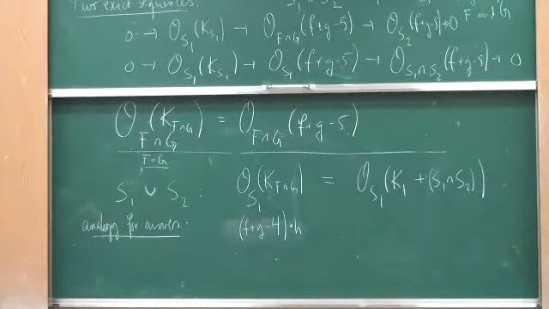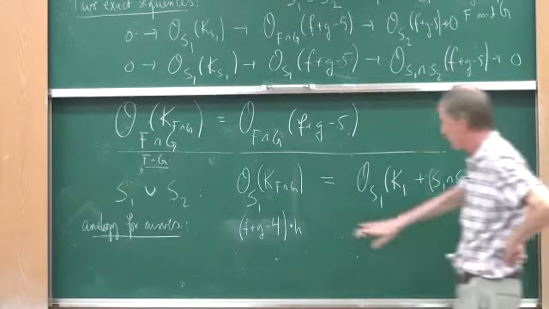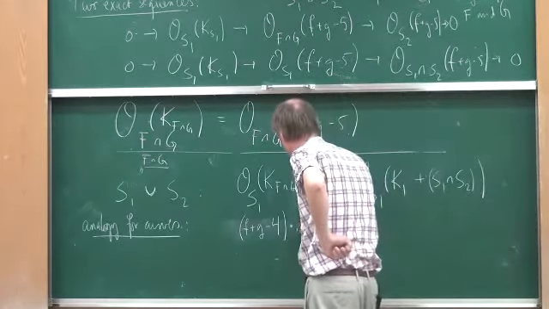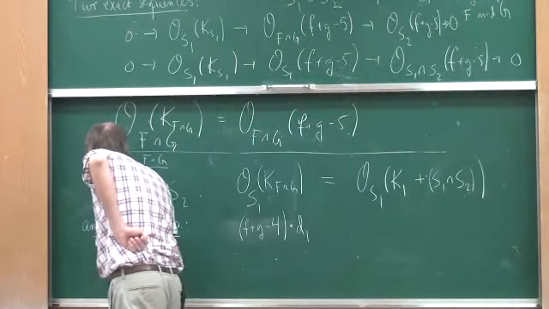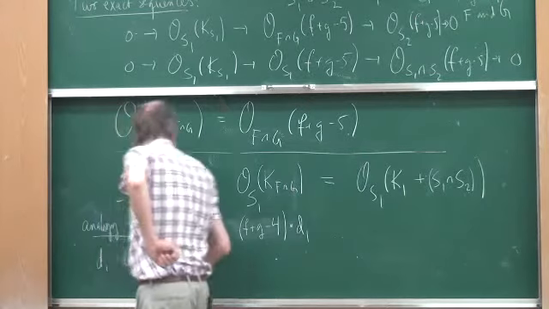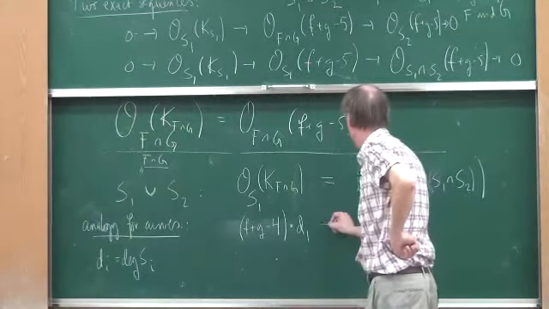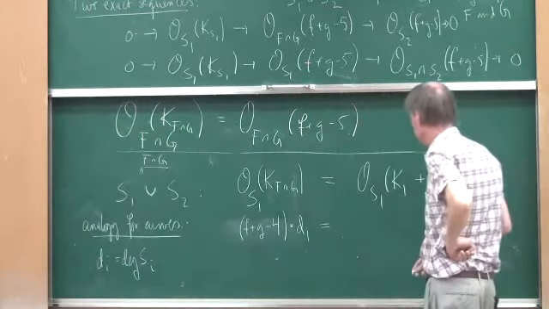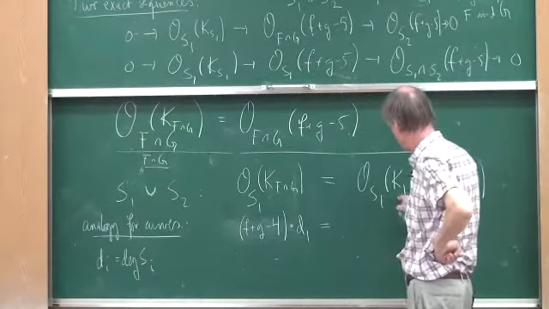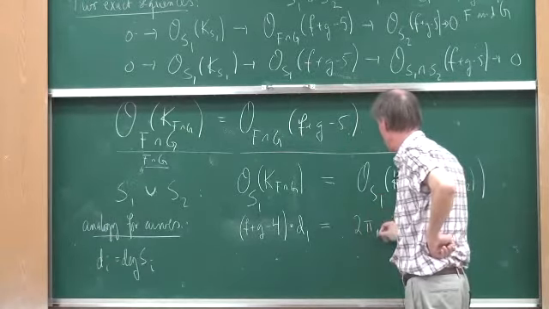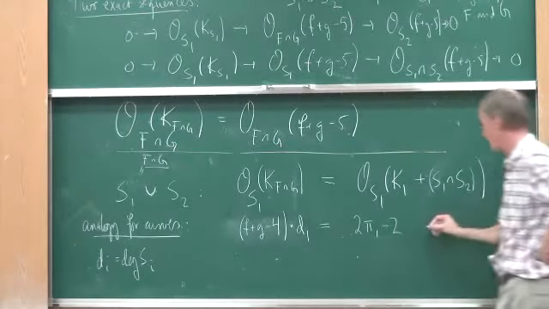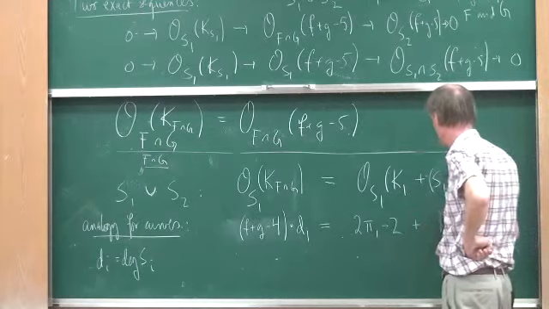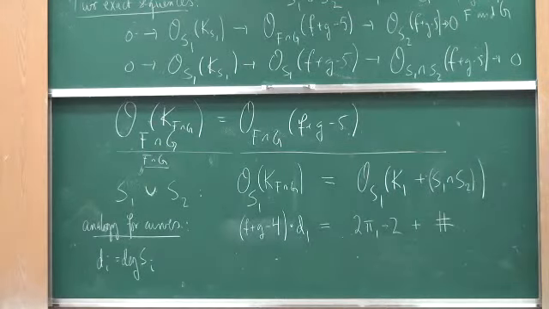So this is, if you take the degree, just d1, where di is the degree of Si. On the other side here, I have first 2 pi 1 minus 2, and here I have some number, some intersection number, right?